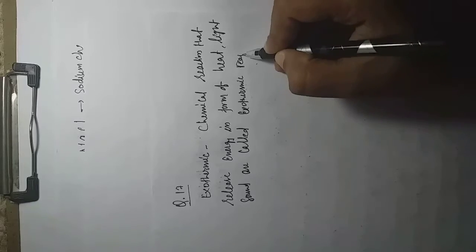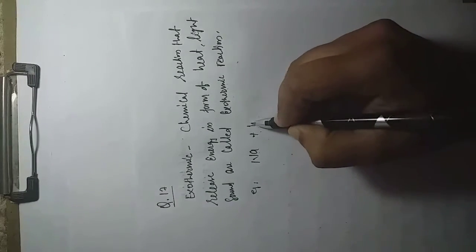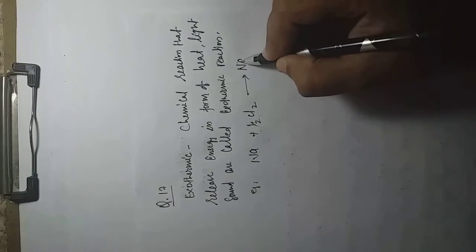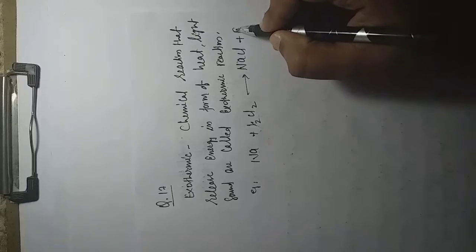You have to write the definition first, then you can write the example. Example: sodium reacts with half of chlorine, it will provide the product NaCl plus an amount of energy.